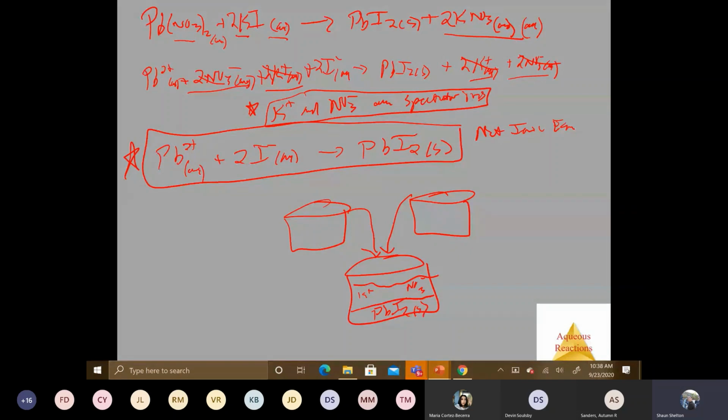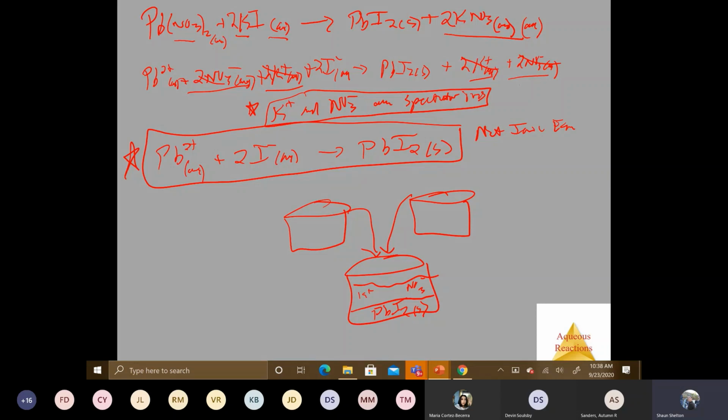Precipitates do what? They fall out of solution. If you're not part of the solution, you are the precipitate. That's what I want you to remember. If you're not part of the solution, you're the precipitate.